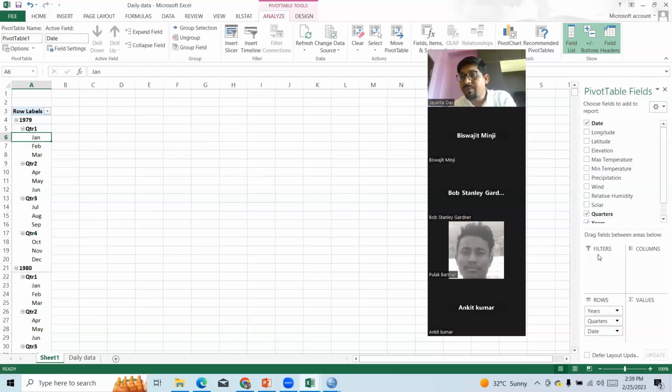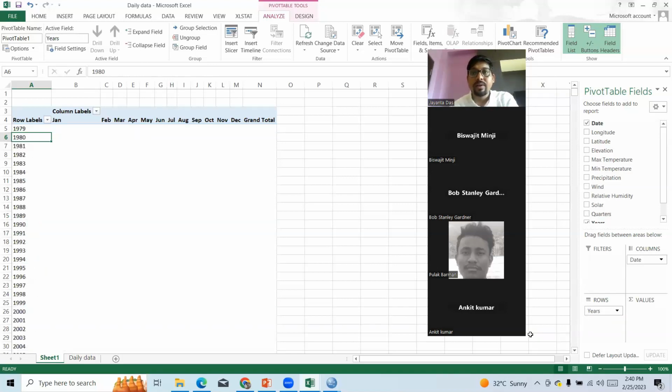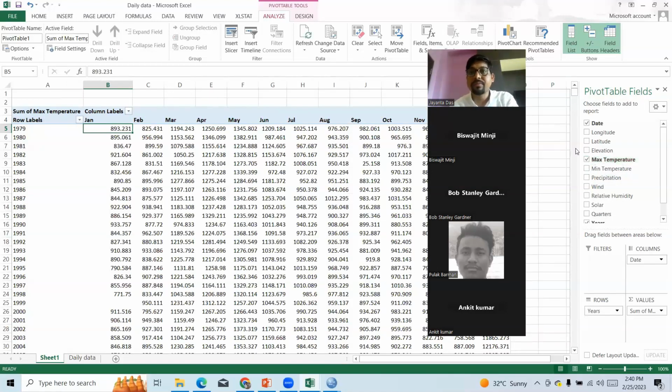Now there are 4 options: filter, column, row, and values. So I need date in column, that is month. Okay, and no need for quarter. Now suppose I need maximum temperature.